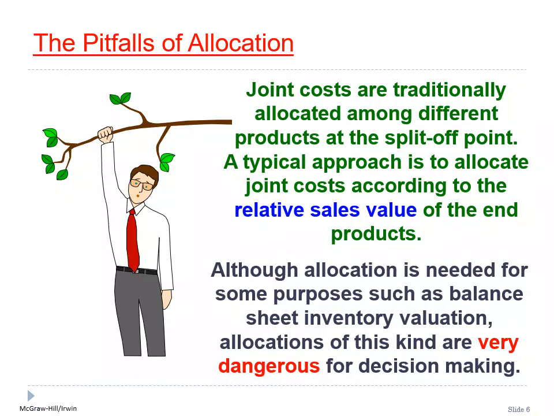It says also, although allocation is needed for some purposes such as balance sheet inventory valuation, allocation of this kind is very dangerous for decision making. يعني بيقول لك برضو be careful when we allocate these costs among the products، لأن هو عملية بتأثر في decision making بشكل كبير. Okay.